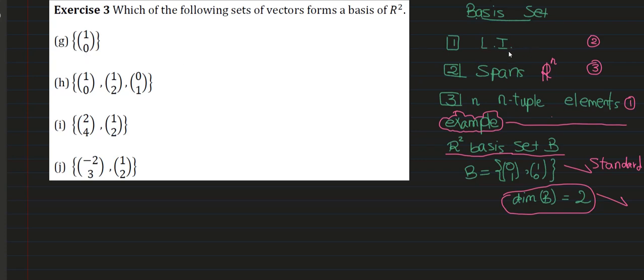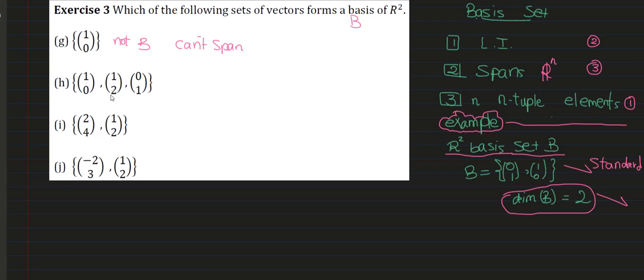Does it include linearly independent vectors and does it span R2? Of course, the first check, which is of n-tuple elements, does not succeed. So they are of a smaller number. So it's not B, because the basis set we will call B. So it's not a basis set of R2. And why? We will say because it can't span R2.